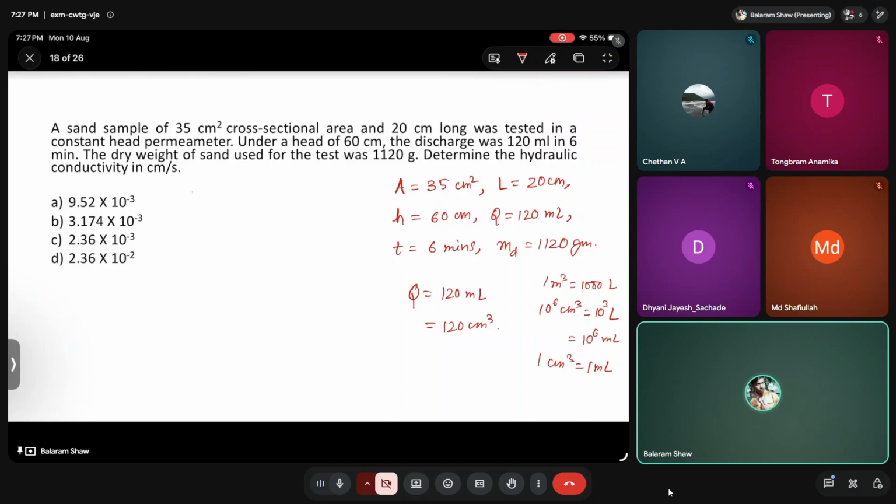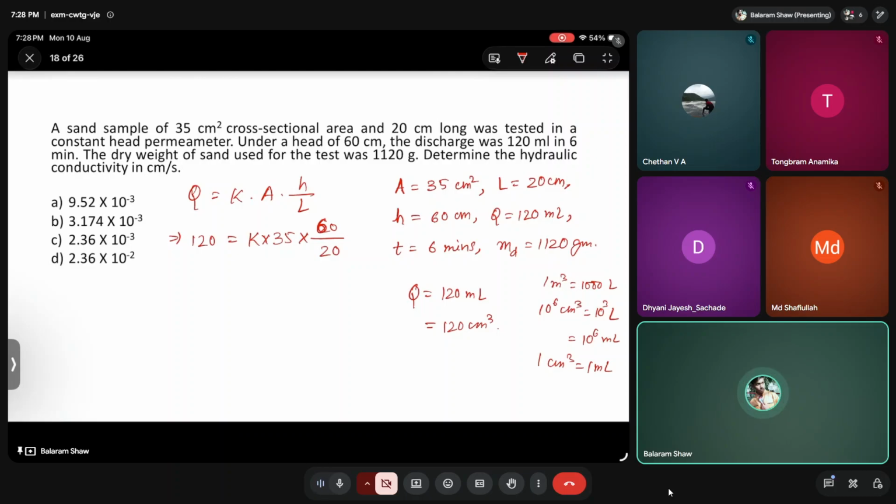Now, as per Darcy's law, Q equals K into A into H by L, because I have written H and L. So now we have Q as 120 centimeter cube, K we have to find out, A is 35 centimeter square, H is 60 centimeter, L is 20 centimeter, right?